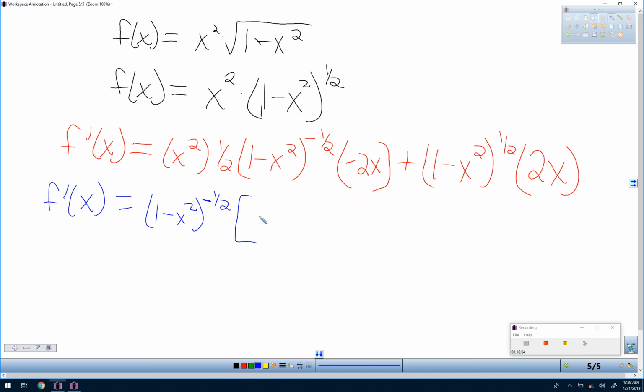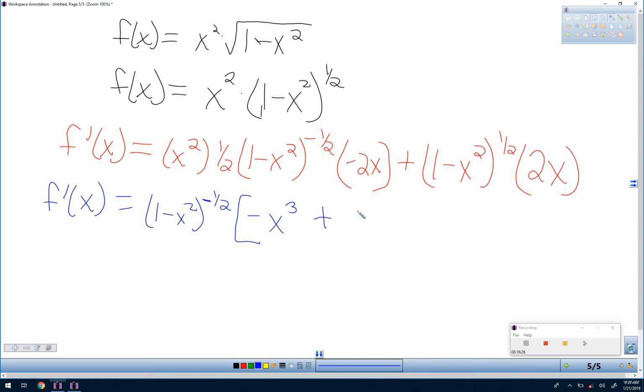So I'd have negative x cubed, and then plus, and here's what gets interesting, if you factor this negative 1/2 power out, and this is already a 1/2 power out here, remember, when dividing, you subtract your exponents, so a half minus a negative 1/2 is technically a whole. So that means you're left with 1 whole unit of that term.